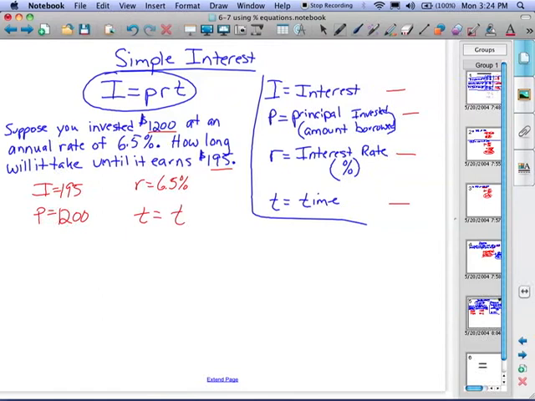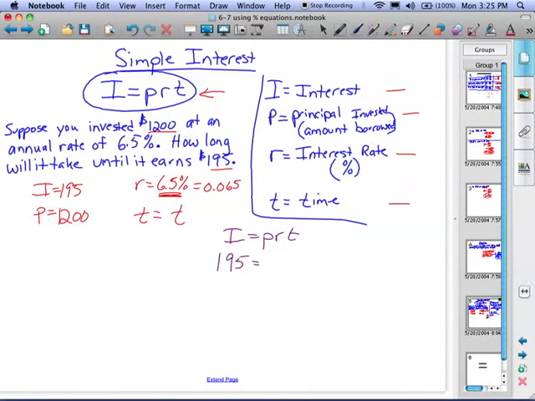Before we go and substitute it into our equation, we need to turn the rate, the percent, into a decimal that we can work with. Because in our formula, I equals PRT, we don't use percents as percents. We need to have them as decimals. So 6.5% is 0.065.